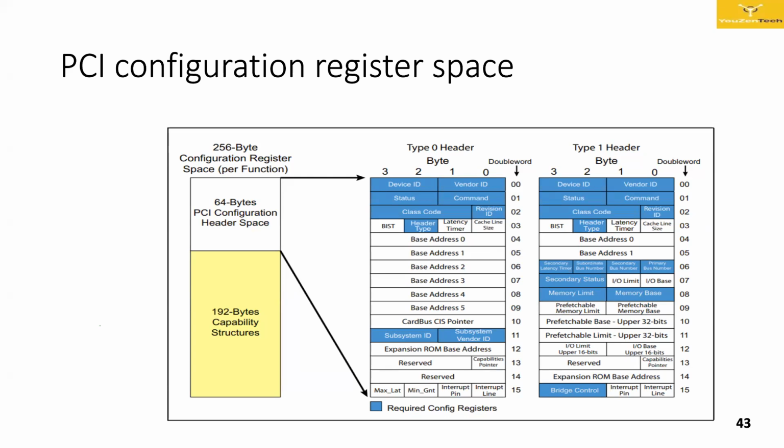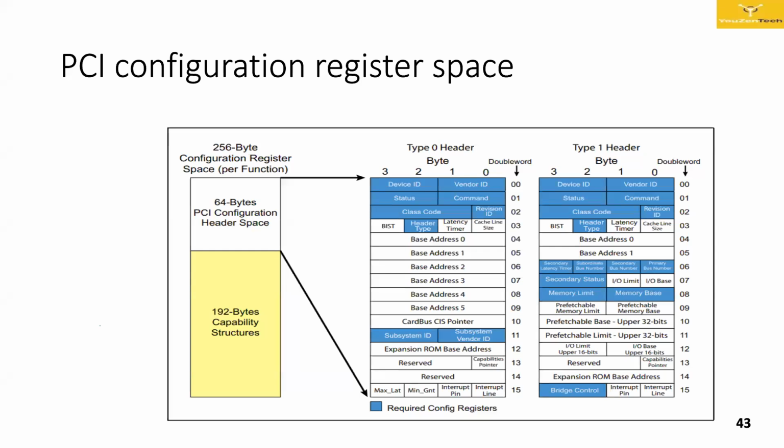If it is meant for the endpoint, it will go to the endpoint. In a TLP we have the information bus number, device number, function number, right? Each bridge also has the BDF assigned during the enumeration. So it knows whether it's for me or not. If it's not, it just sends it forward.